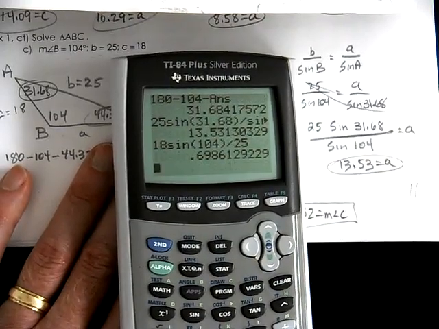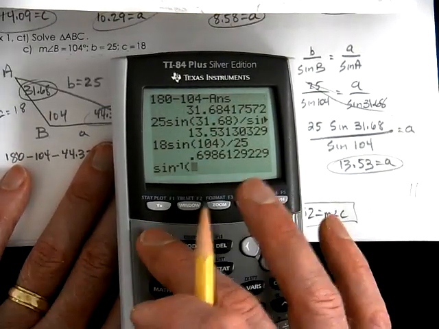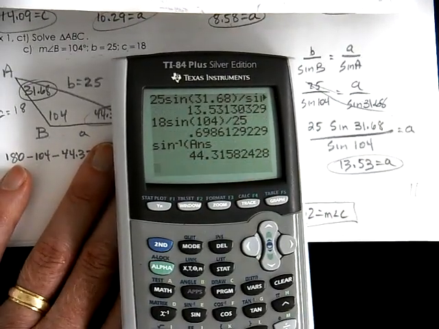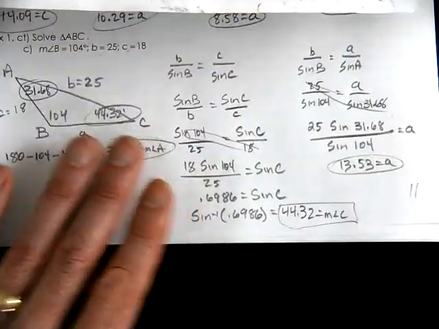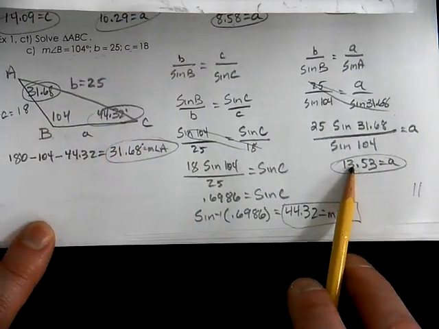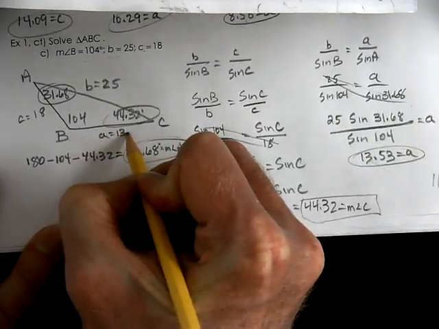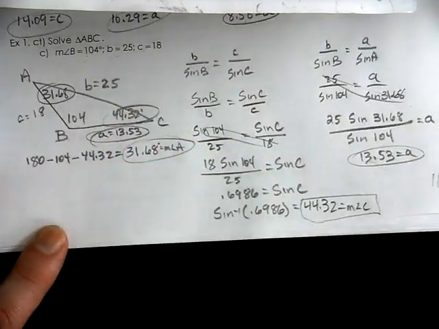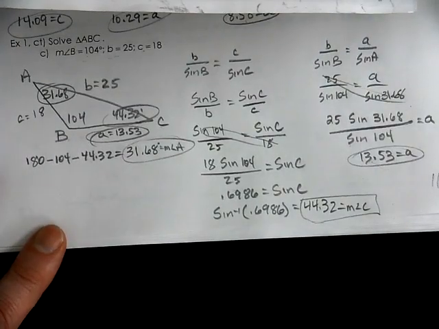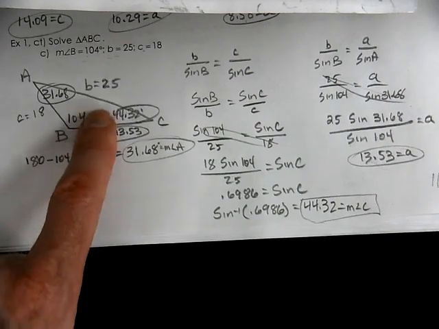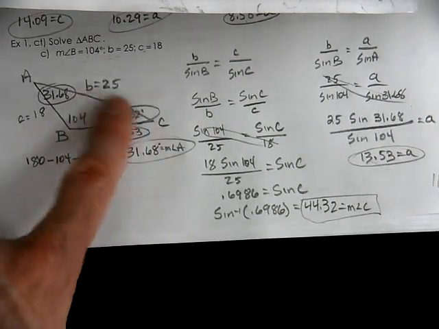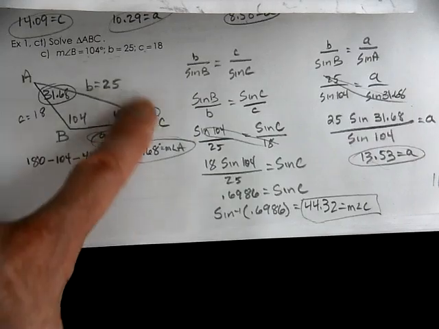Doesn't matter, just playing around. So that's our 13.53. And we saw for all 3 angles total we have, and all 3 sides now we have.